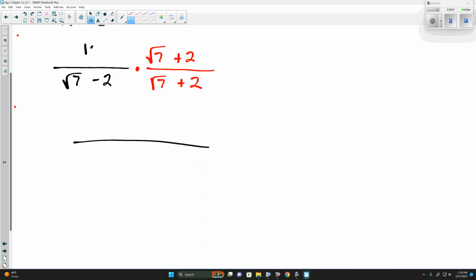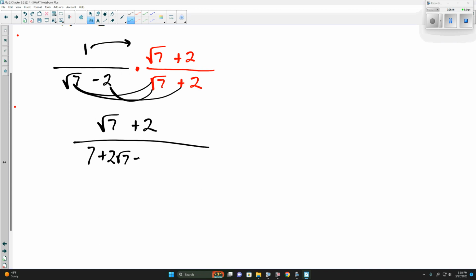Now we multiply both of these by 1, we just get the square root of 7 plus 2 back. Now the denominator, square root of 7 times the square root of 7 is just 7. Square root of 7 times 2 is going to be plus 2 square root of 7. Negative 2 times the square root of 7 is negative 2 square root of 7.